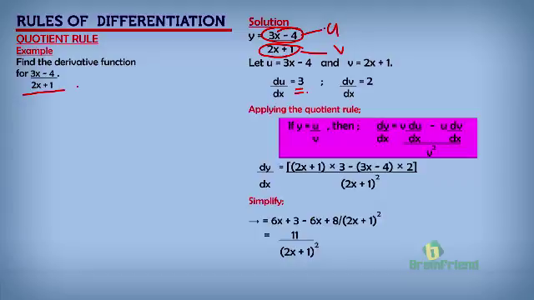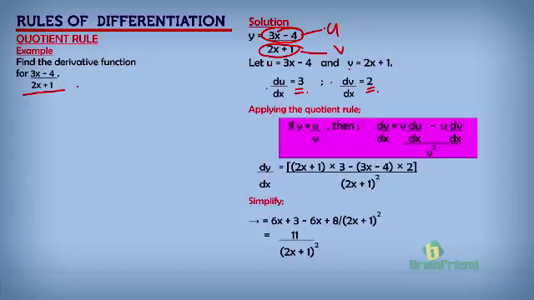The derivative of v, v being 2x plus 1, would be also 2. From our sum and difference rule, if we did that separately, the derivative of 2x would give us 2, while that of 1 would give us 0. So we simply have 2. So we have all that we need to plug into our formula. We have u, we have v, we have du dx, and we have dv dx.